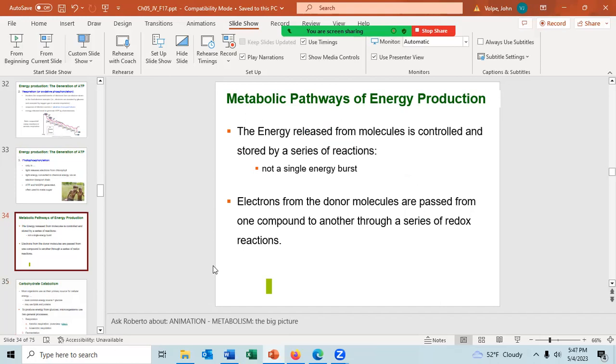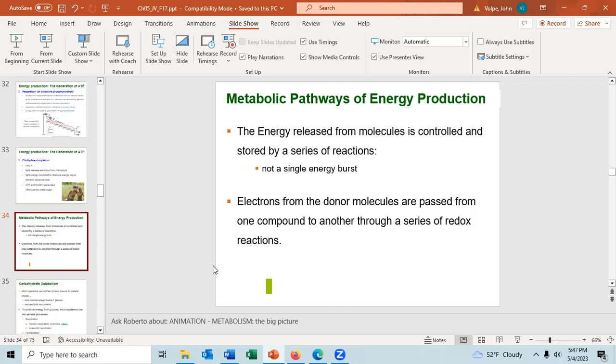The energy that's released from molecules is controlled and stored by a series of reactions. When we release the energy in glucose to make ATP, it doesn't happen in a single release of the energy. If I had a beaker of glucose and I broke it down by taking a blowtorch to it and catching the glucose on fire, there would be so much energy released all at once that it would kill the cell.